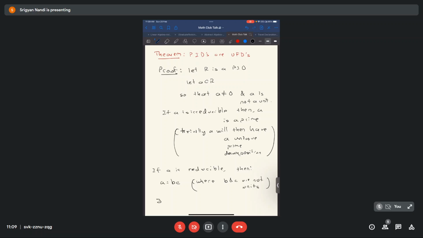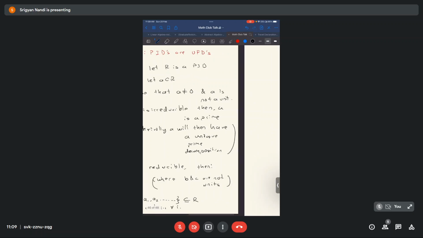So there exists a sequence A equal to A0, followed by A1, A2, and so on, which all lies in R, meaning this whole sequence is contained in R, where Ai is a proper divisor of Ai-1 for all i. That is, at every stage we get that every factor is reducible.